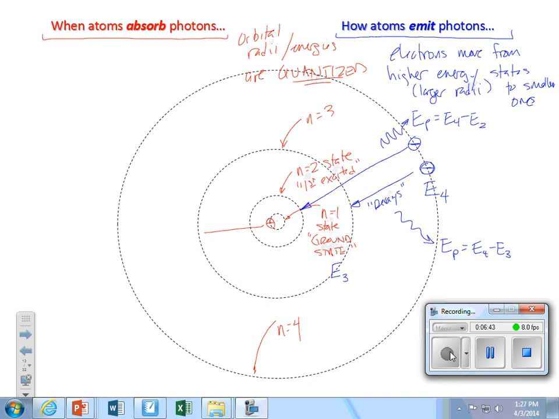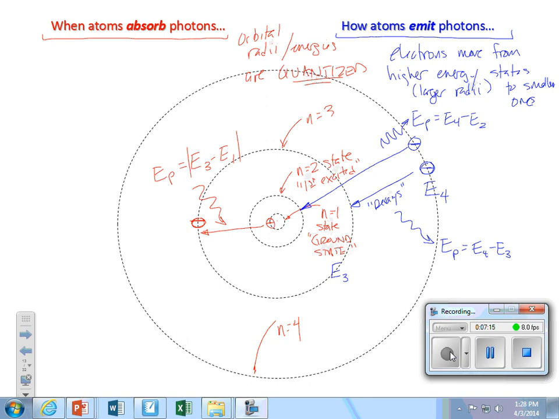Well, if we want to excite that electron up to the n equals 3 state, that means we must kick in a photon that is, here's the big deal, exactly equal to the difference in the two energies. I'm going to do this, absolute value. There's signs, stuff that I wouldn't worry too much about. Just look at the absolute value of the difference, or the difference of the absolute value, or something like that.